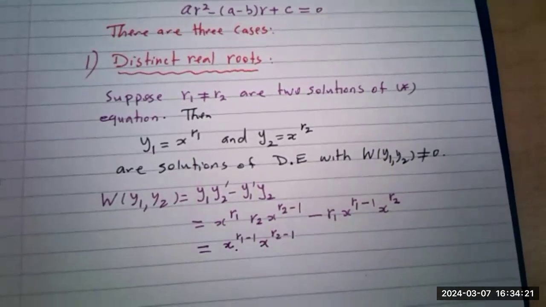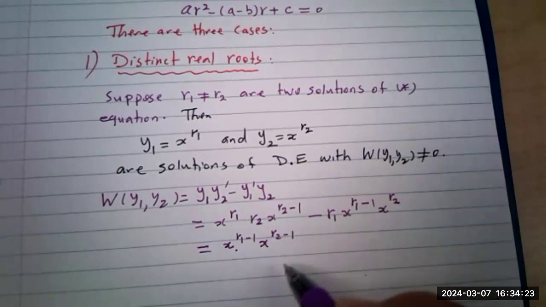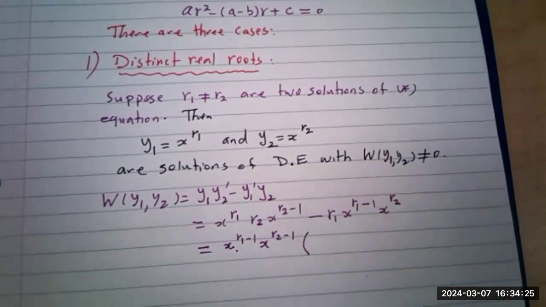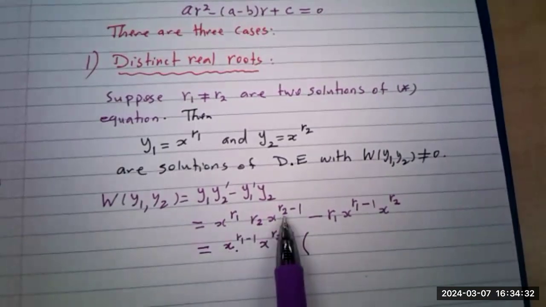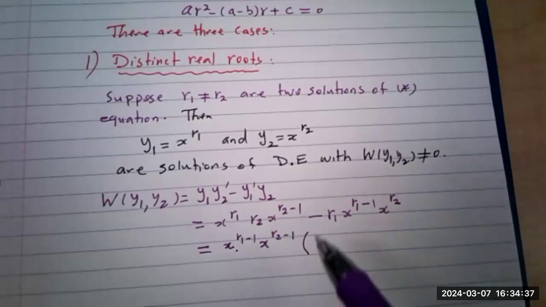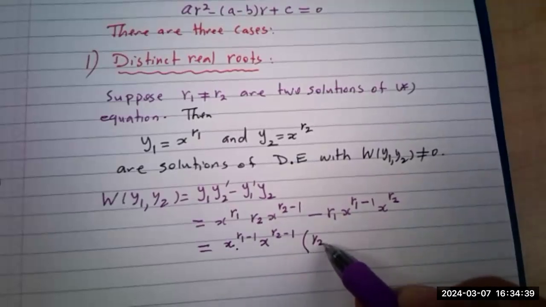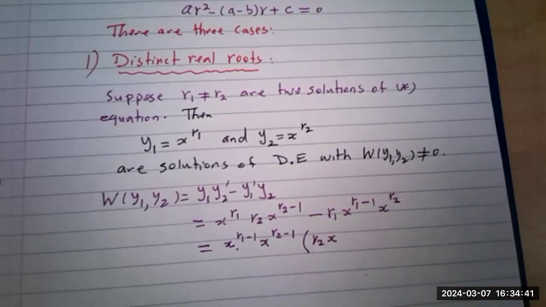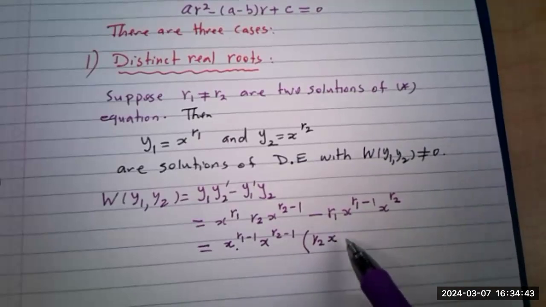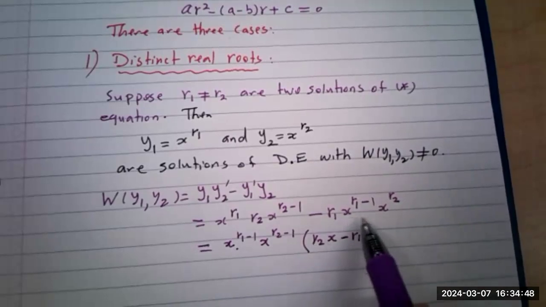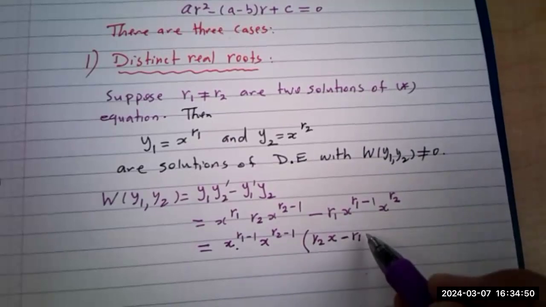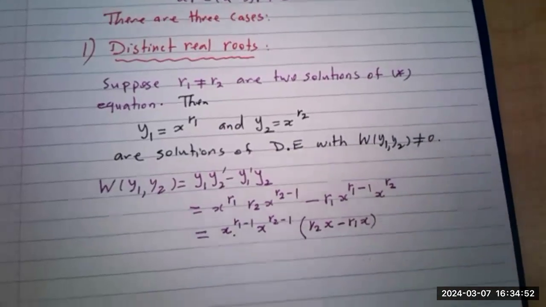If you factor out all these, the leftover gives something like r2 x for one term, and r1 x for the other. So these are going to be the values.